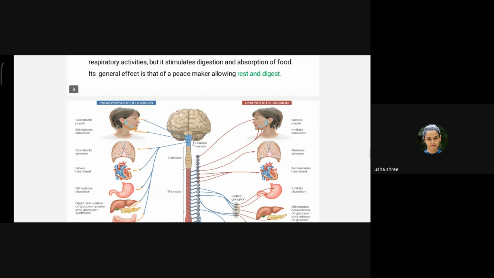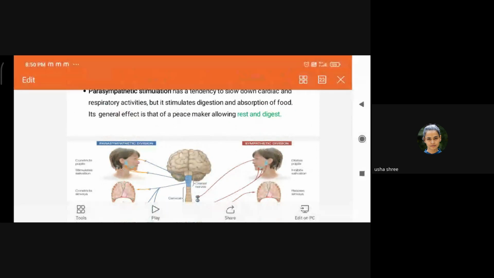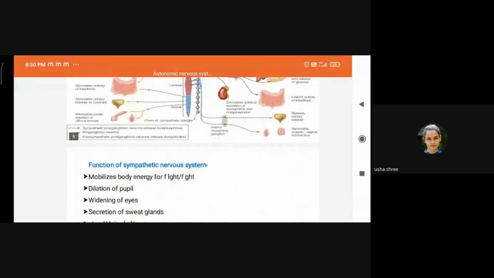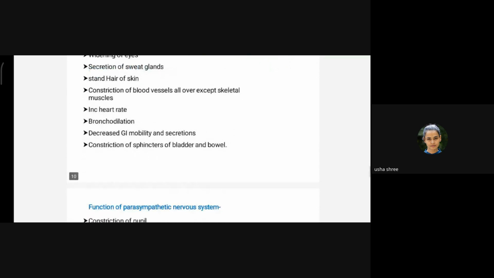So you people got about the sympathetic and parasympathetic activation. Now, functions of the sympathetic nervous system: it mobilizes body energy for fight and flight, dilation of pupil, widening of eyes, secretion of sweat glands, standing of hair on skin, meaning goosebumps, right?